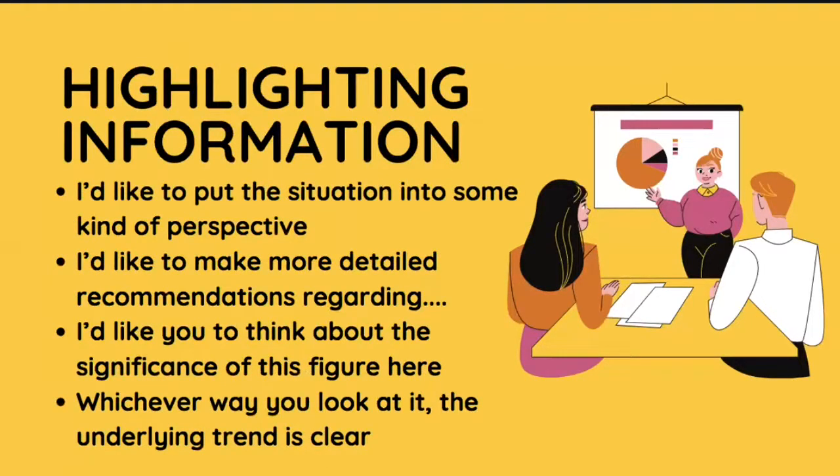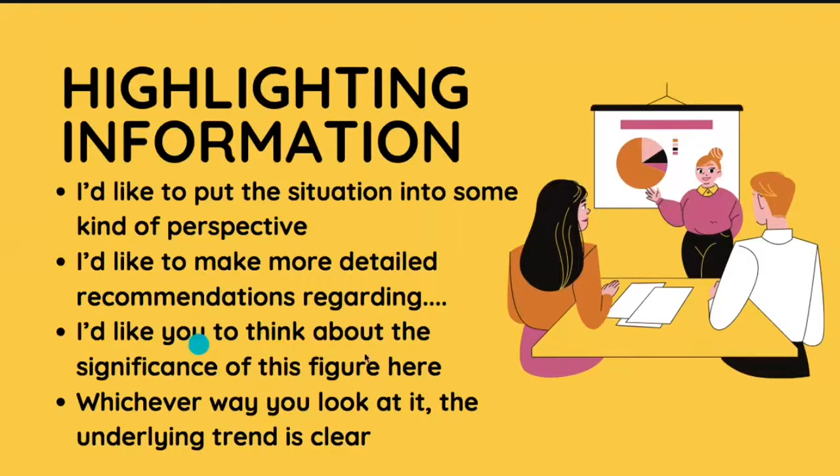Okay, the next one is highlighting information. If you want to highlight a very, very important piece of information, you can use these phrases. You have, I'd like to put the situation into some kind of perspective. You can also say, I'd like to make more detailed recommendations regarding whatever thing that you want to make more detailed recommendations on.